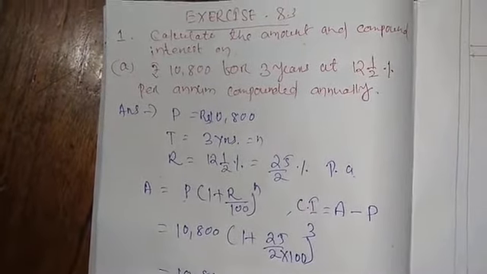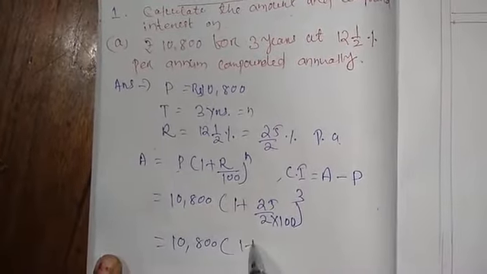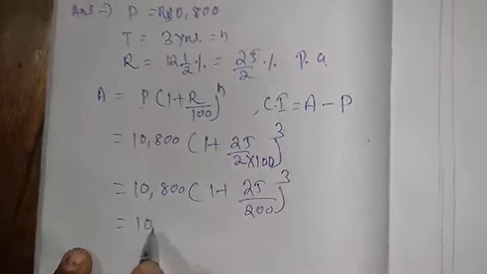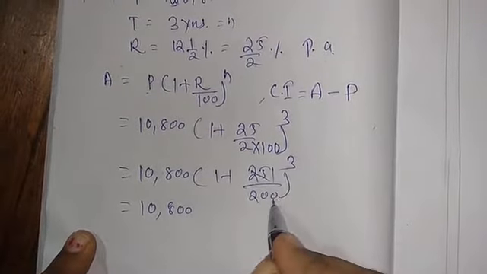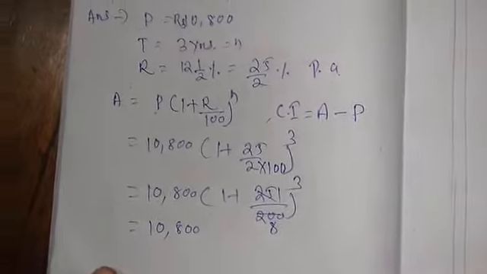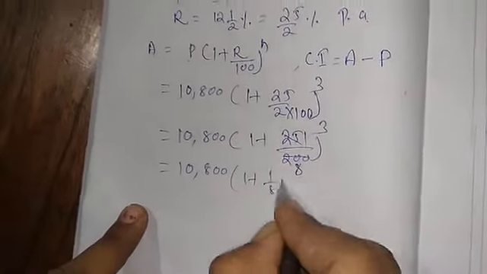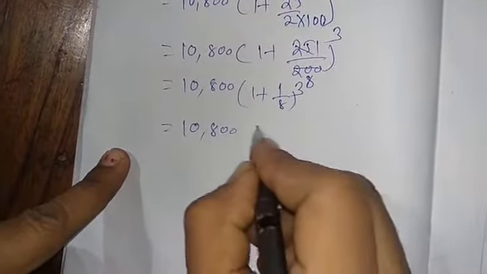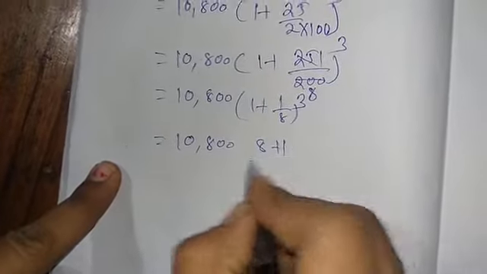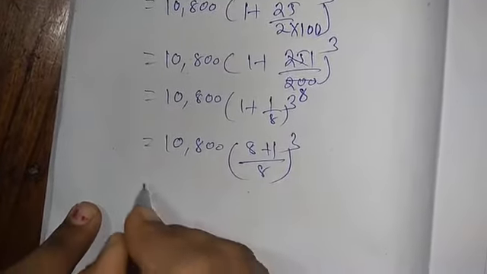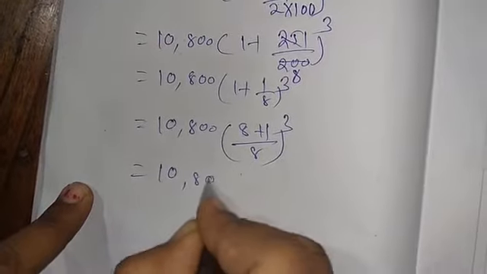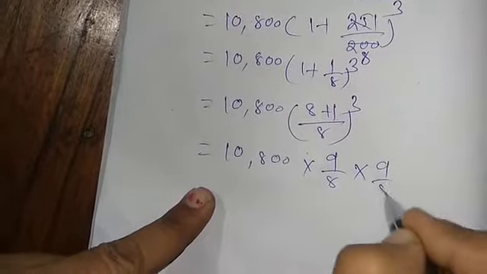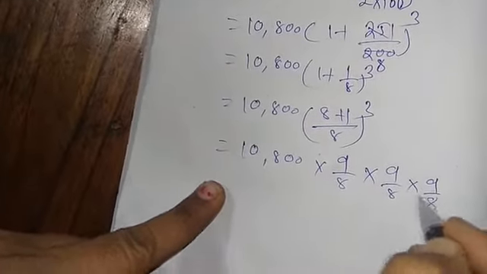So 10,800 into 1 plus 25 by 200 to the power 3 equals 10,800 into 1 plus 1 by 8 to the power 3, which equals 10,800 into 9 by 8 to the power 3, means multiply 3 times: 9 by 8 into 9 by 8 into 9 by 8.